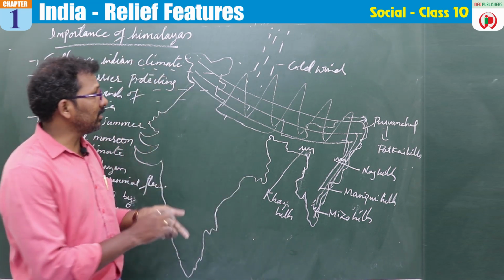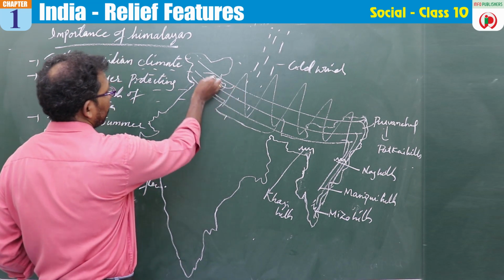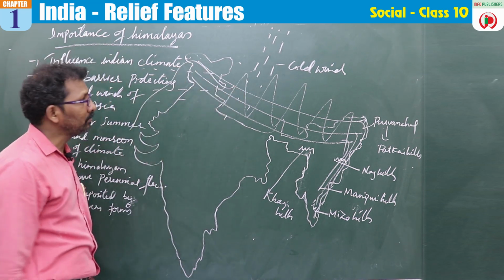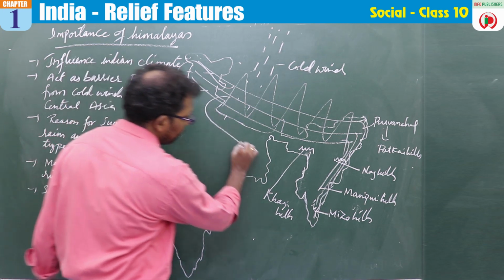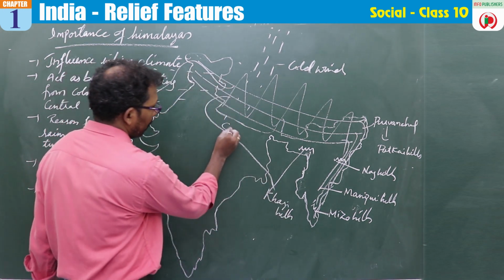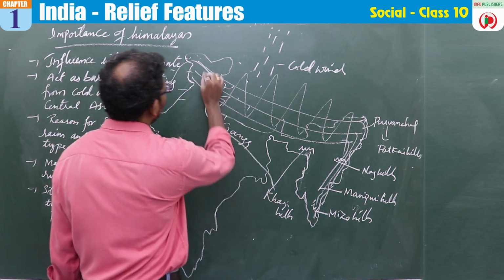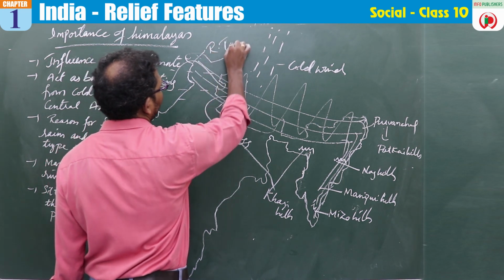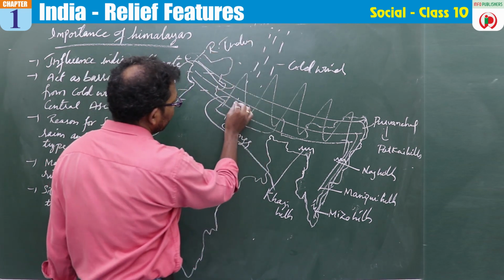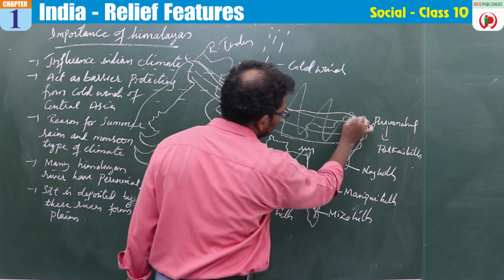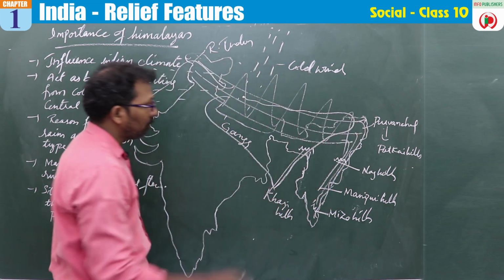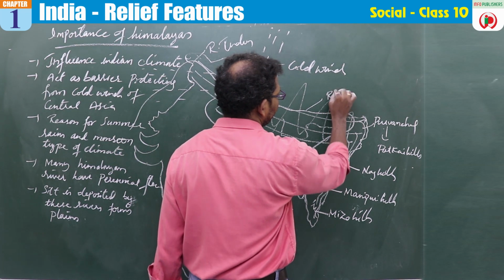Like the Indus, Ganga, and next is Brahmaputra. This is the river Brahmaputra.